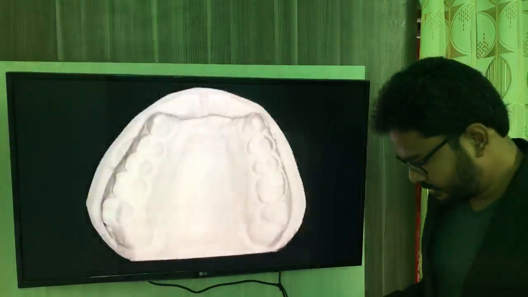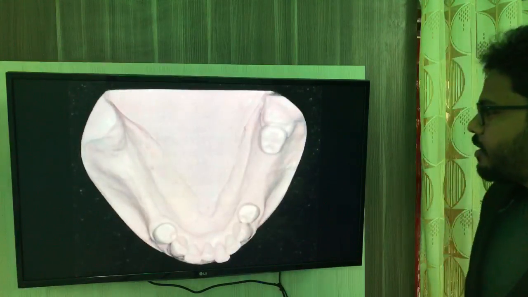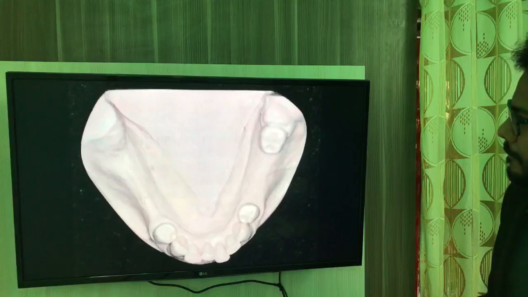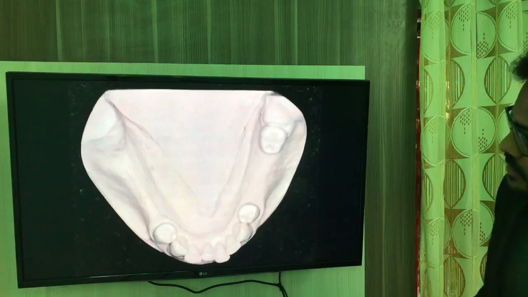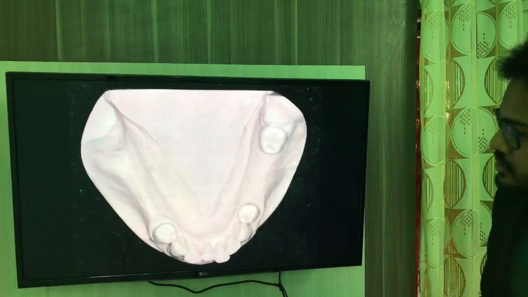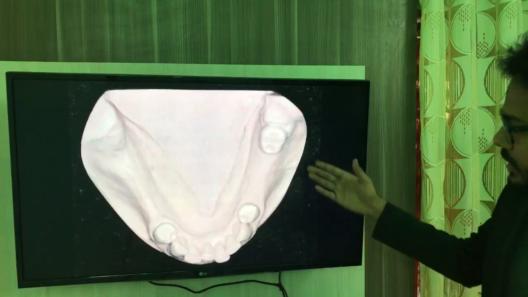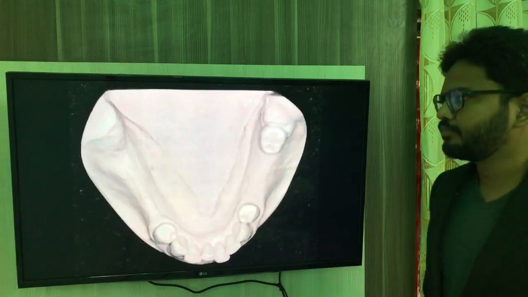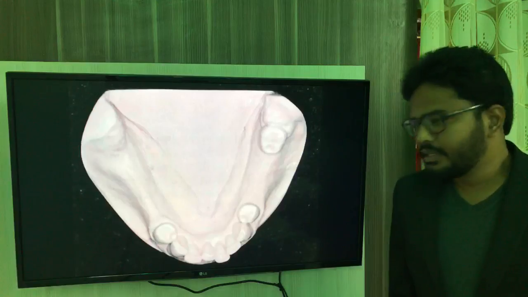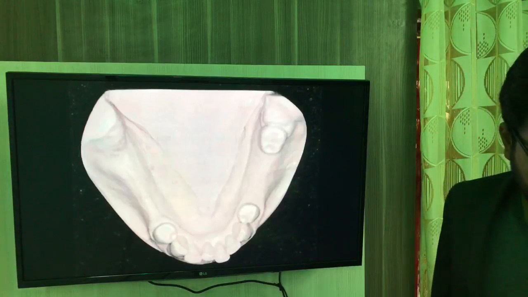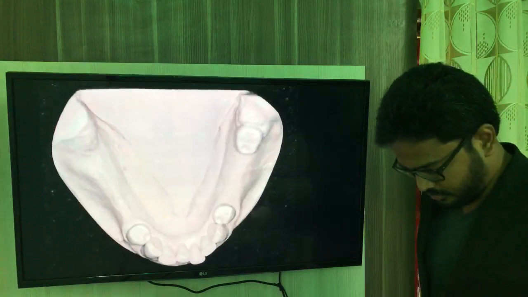And I think this is not the final one. We still have, what about this? In this lower cast, you can see again a unilateral posterior edentulous area followed by an additional edentulous space. So obviously even this comes under class 2 modification 1, right? And what about this?